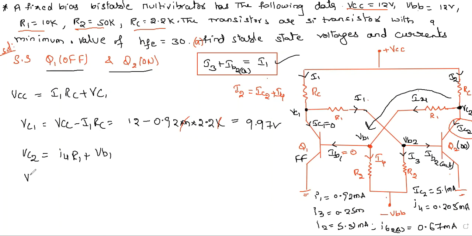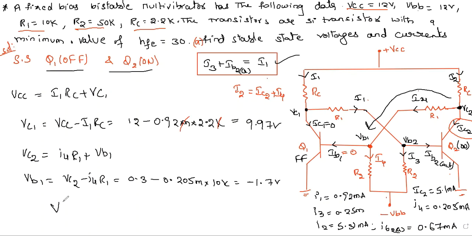So from this, Vb1 is equal to Vc2 minus I4 R1. So Vc2 is 0.3, that is the saturation voltage, minus I4, which is 0.205 milliamps, into R1, which is again 10K. So that is 0.3 minus this. So approximately this value is minus 1.7 volts.